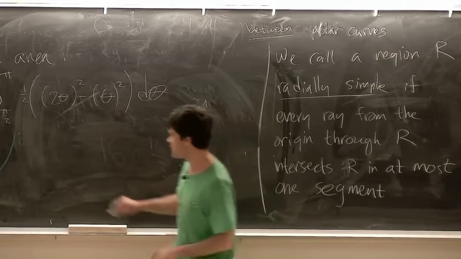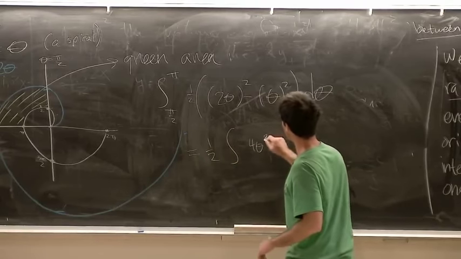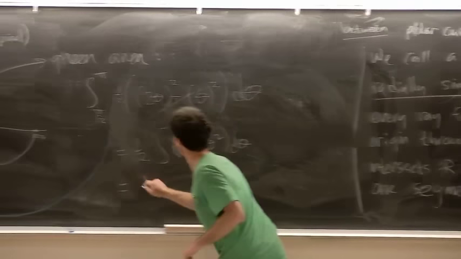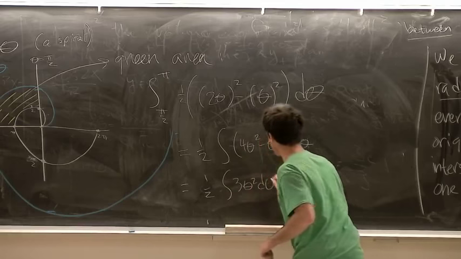You can work it out here. This is pretty easy. This is 1/2 the integral of 4 theta squared minus theta squared. So it's 1/2 the integral of 3 theta squared.